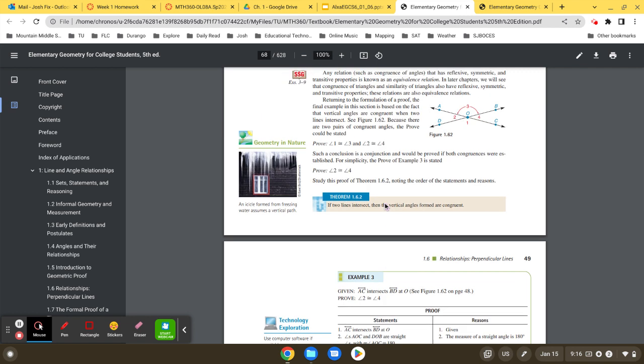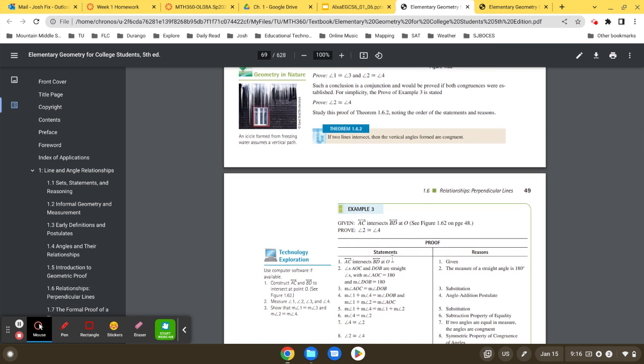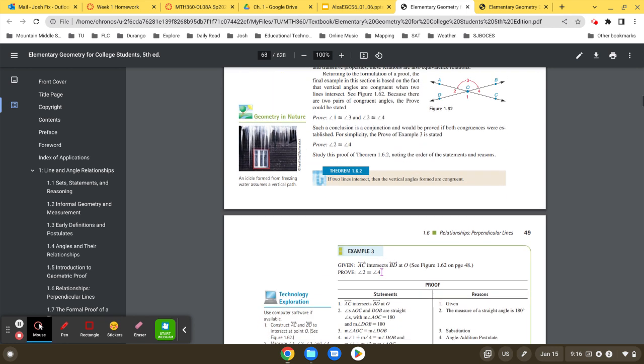To get there, we say they intersect, that's given. Since they intersect, angle AOC and DOB are straight angles and they add up to 180 degrees.